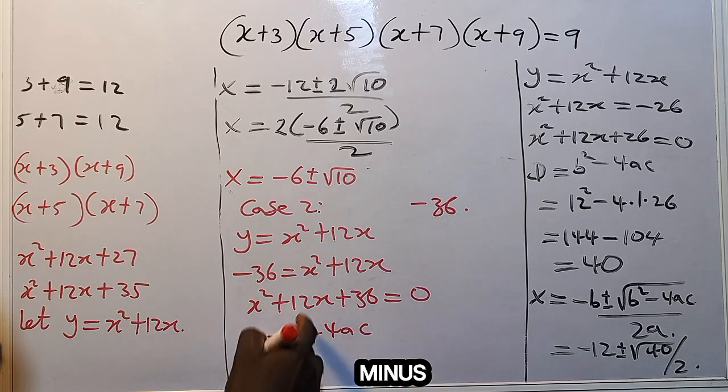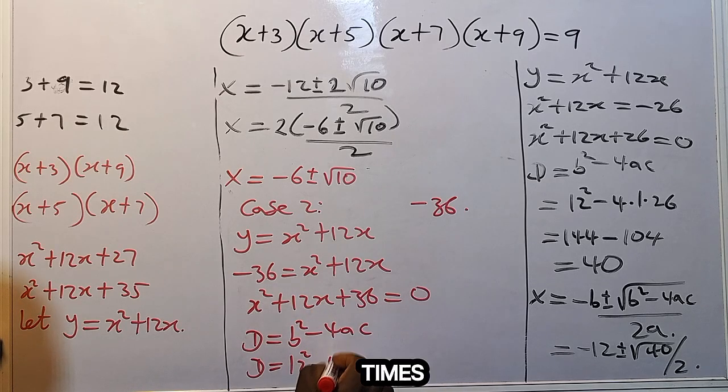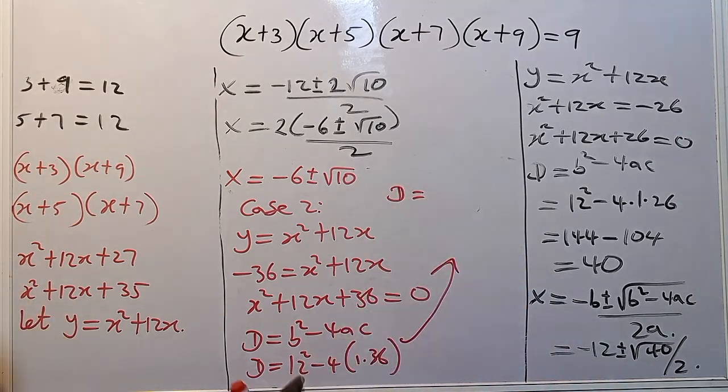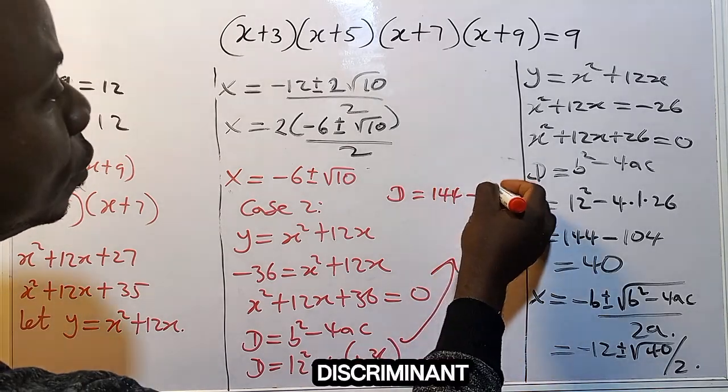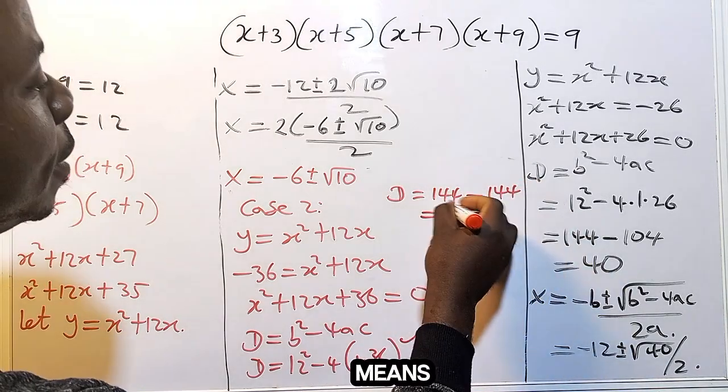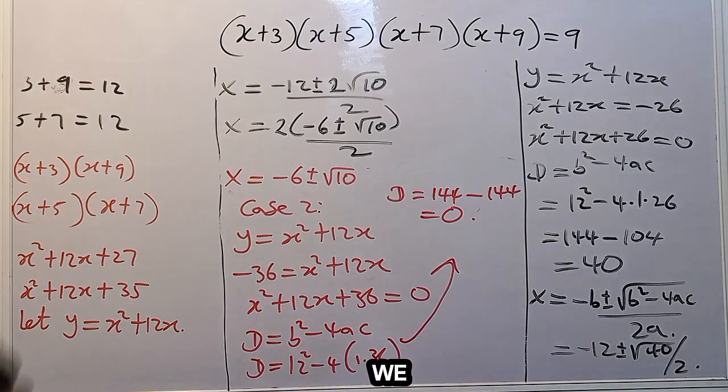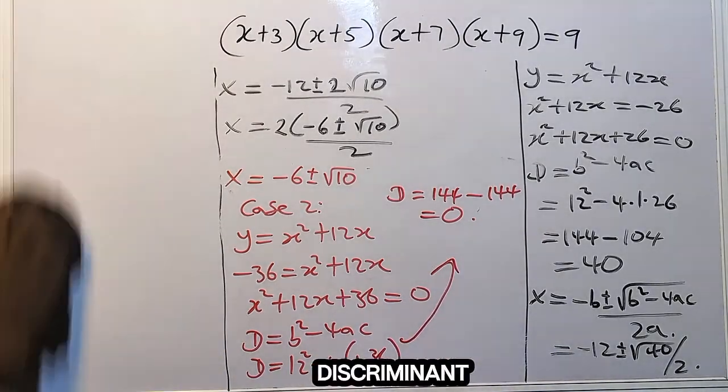Now, b is 12, so 12 squared minus 4 times 1 times c, and c is 36. So d equals 144 minus 4 times 36, which gives you 0. So the discriminant here is 0. That means we have double roots.